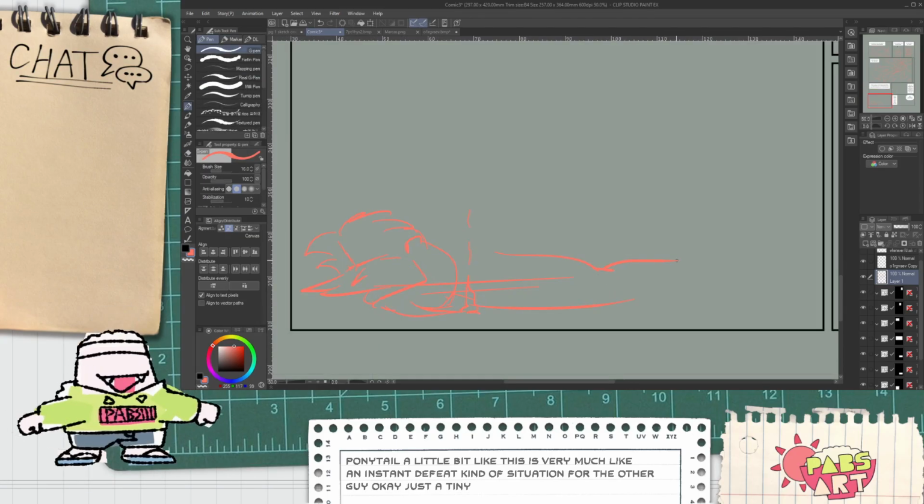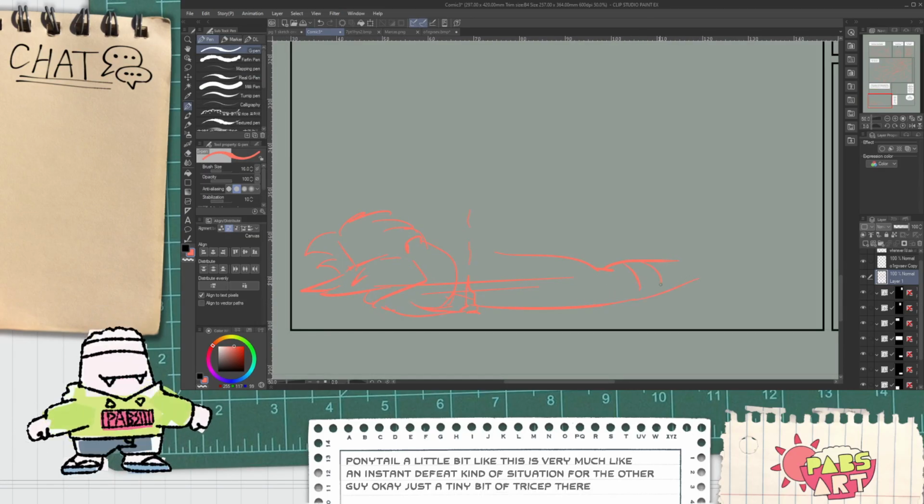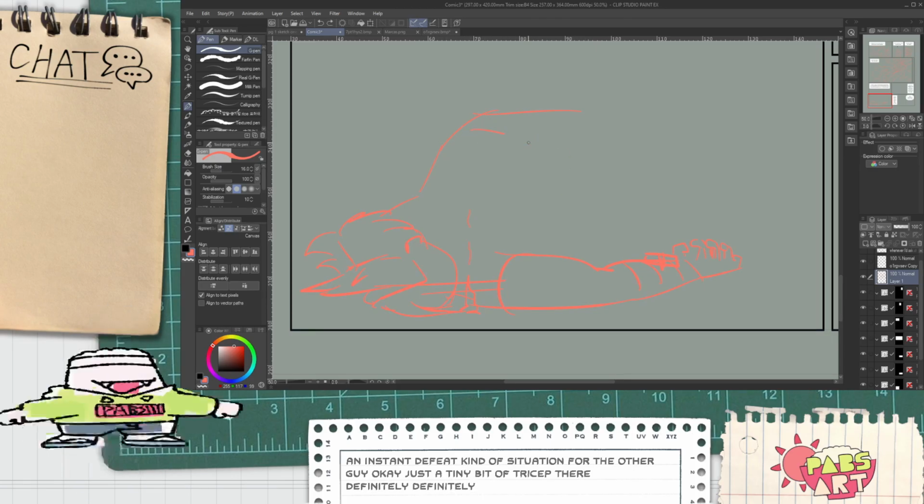Okay, just a tiny bit of tricep there. Definitely with the booty up, I think.